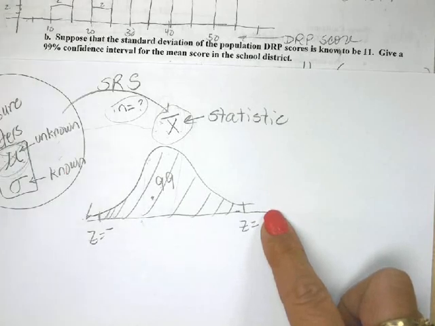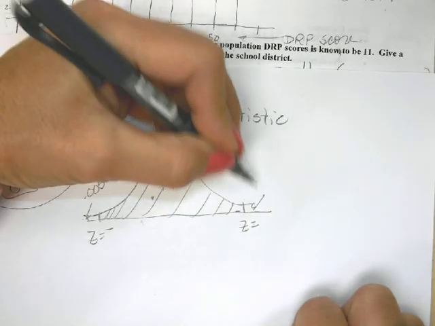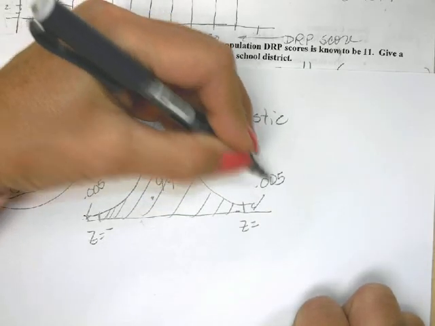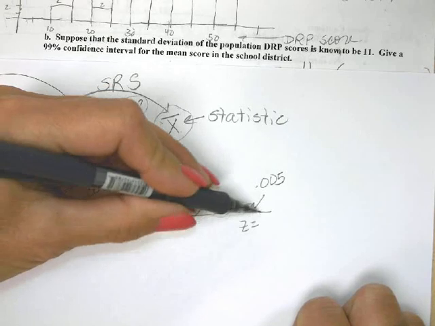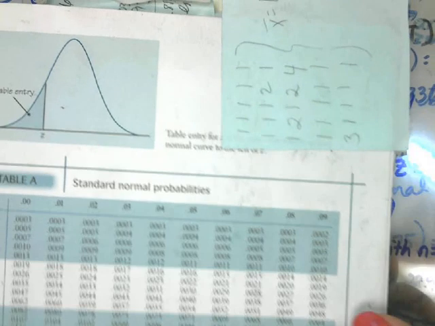Oops, my lead broke. And so that area there would have to be 0.005, and that area there would have to be 0.005. Then we could grab our book and look it up in the back of the book, the front of the book. I don't know that this will focus real well, but it looks like it does.